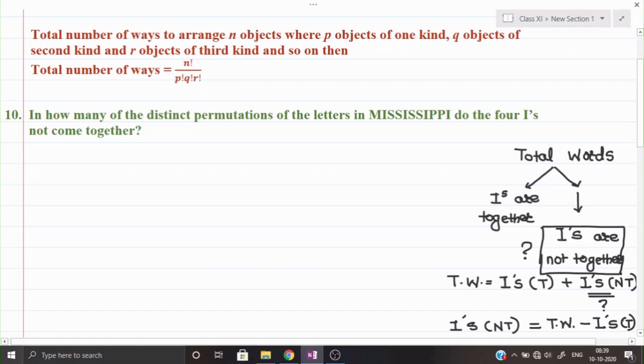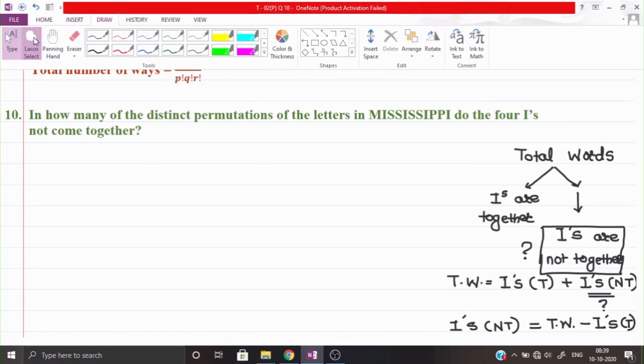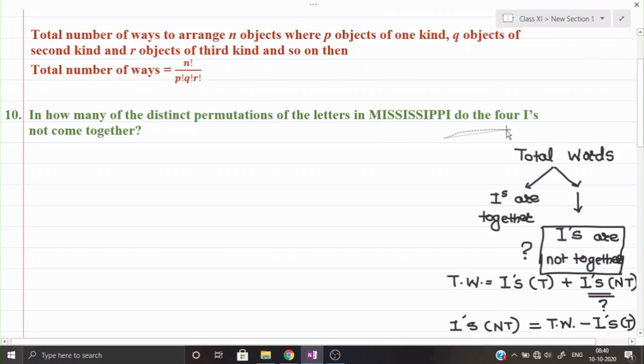So to find where the I's are not together, from the total number of words we subtract wherever the I's are coming together. You can understand this with one small example. Suppose in a class there are a total of 50 students.